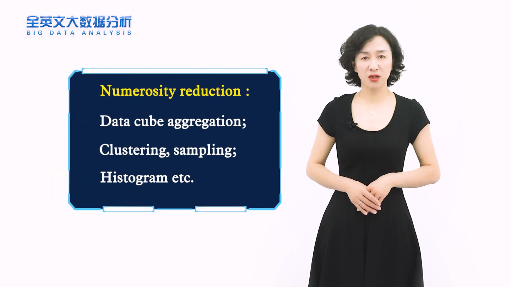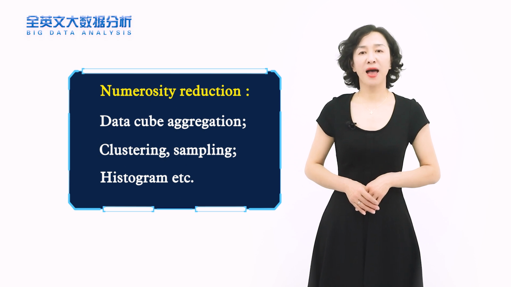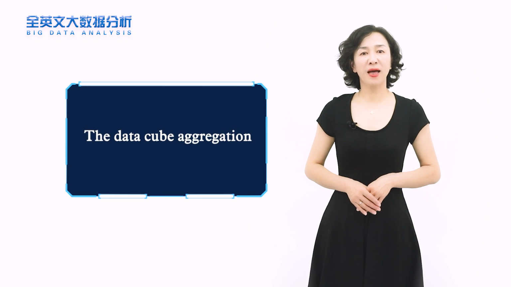Numerosity reduction includes data cube aggregation, clustering, sampling, histogram, etc. Let's look at data cube aggregation first.